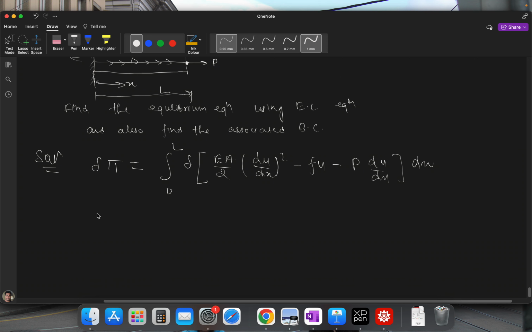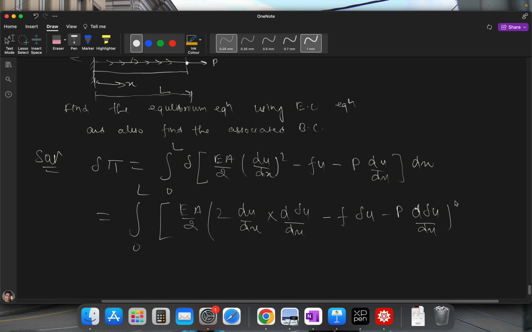This is your f. Now what I'm trying to do is I'm just taking the variation. So what you will get? EA by 2, and that will be 2 times du by dx, okay, into d del u by dx. Fine. Minus f del u minus p d del u by dx, right?